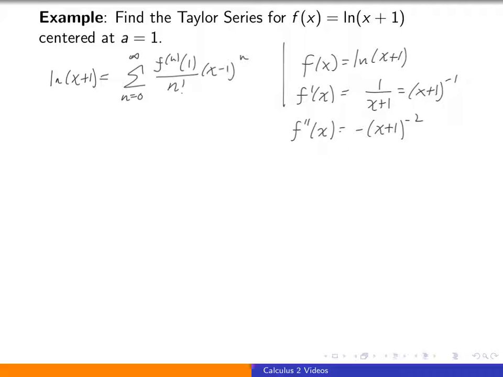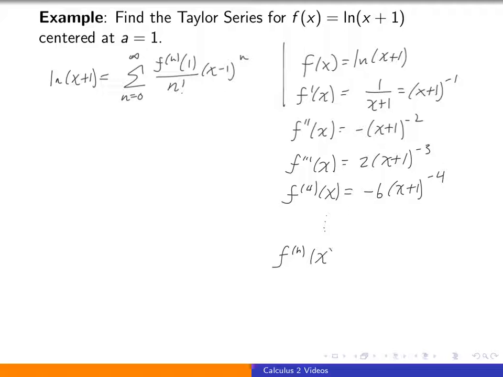That's just 1, so we'll leave it. f triple prime would be minus 1 times minus 2, so a positive 2, times (x plus 1) to the minus 3. One more derivative should allow us to see the pattern. The fourth derivative will now be 2 times minus 3, which is minus 6, times (x plus 1) to the minus 4.